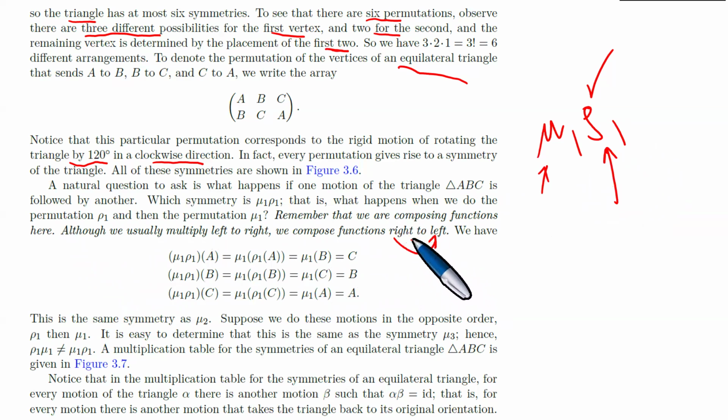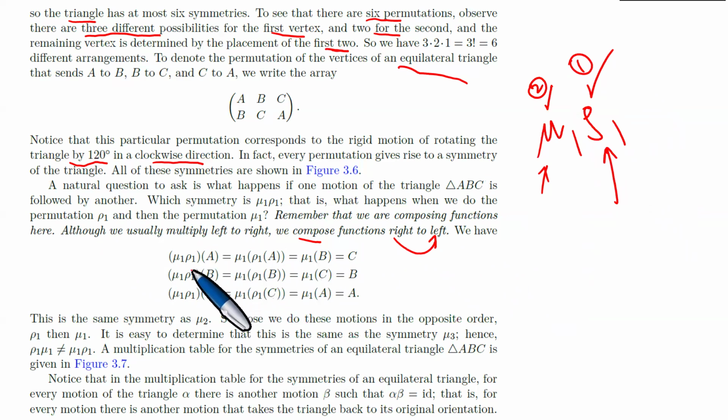So the functions go in the opposite order when you compose them. If this is the right side, we start with this one, then we come to this one. So this is the first function, and this is the second function.